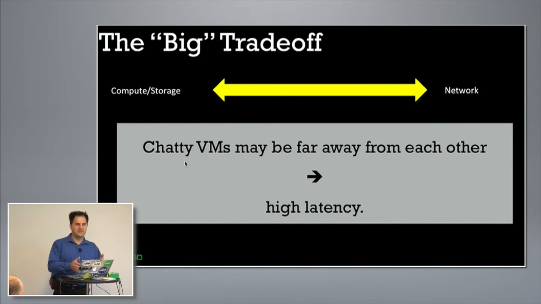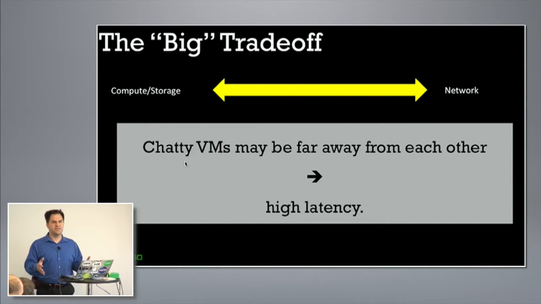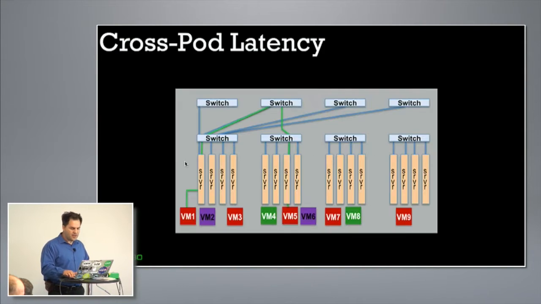If you force them to be on the same host, they may not be able to both get their compute and storage resources. So it becomes one of the most complex trade-offs. How do you find this desired state between network latency and compute and storage performance bottleneck prevention continuously in your environment?